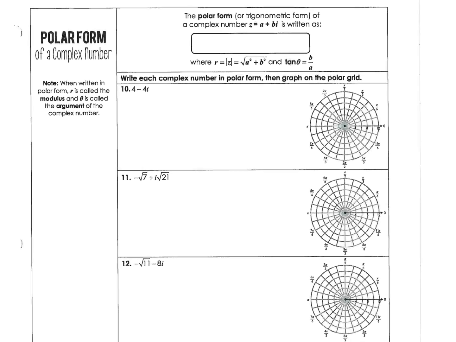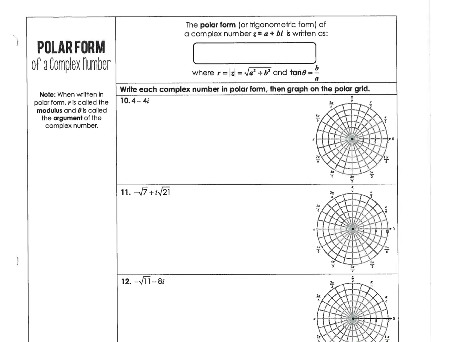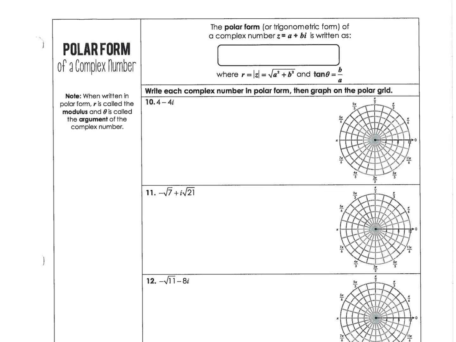Polar form of complex numbers. Guys, what is the polar form of a complex number? I want you to think about this. The A is like X, isn't it? And the B is like the Y. Well, we know what that is then.